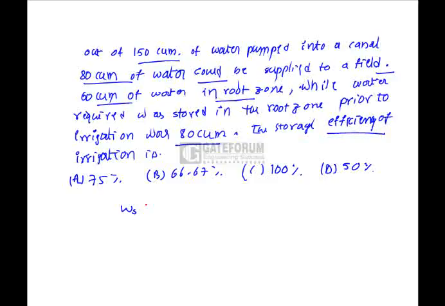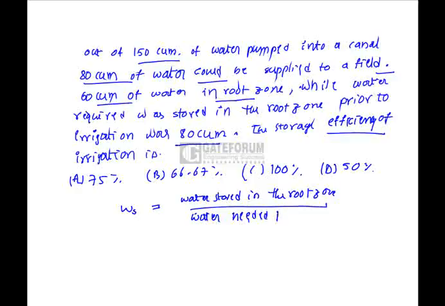Storage efficiency is given by water stored in the root zone divided by water needed prior to irrigation, into 100.